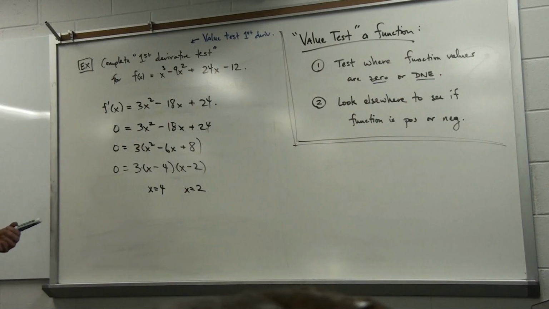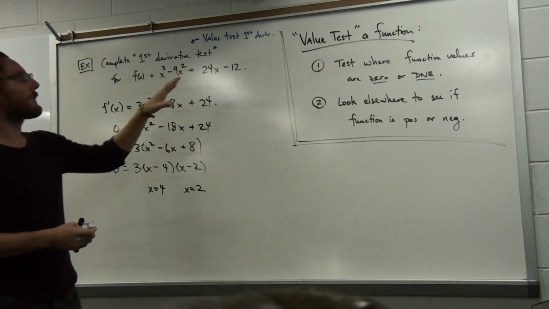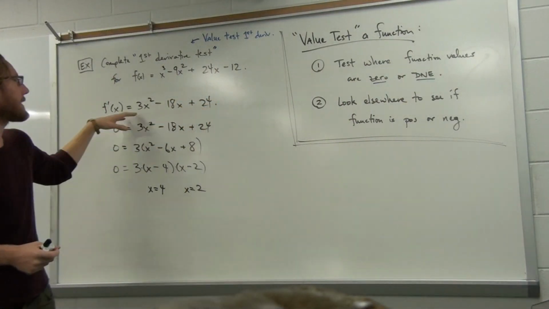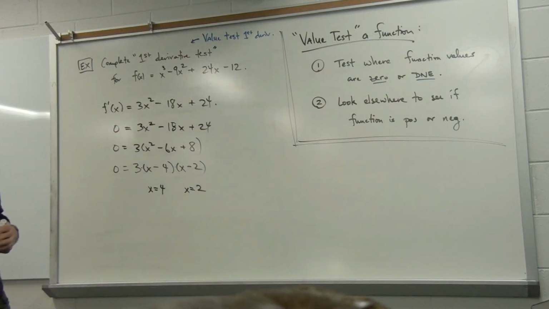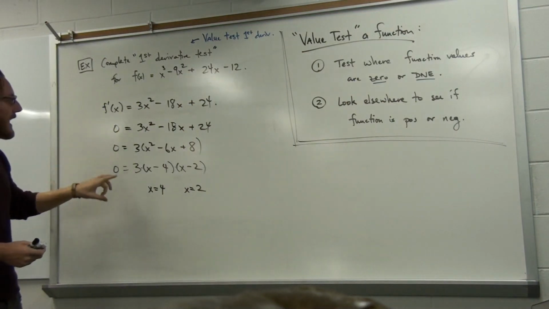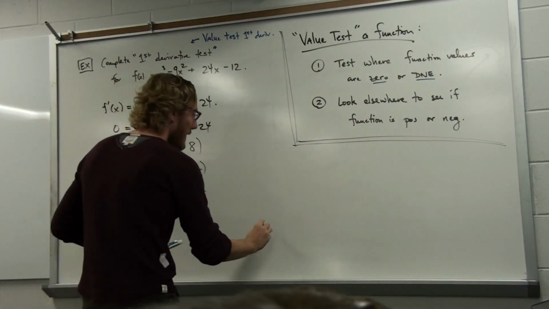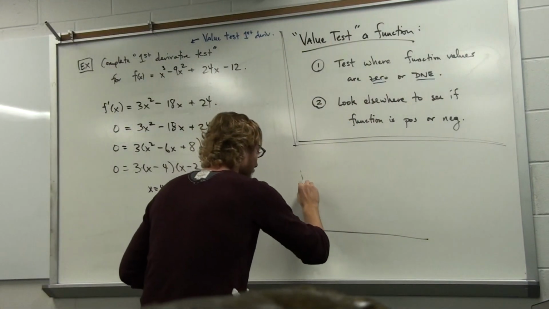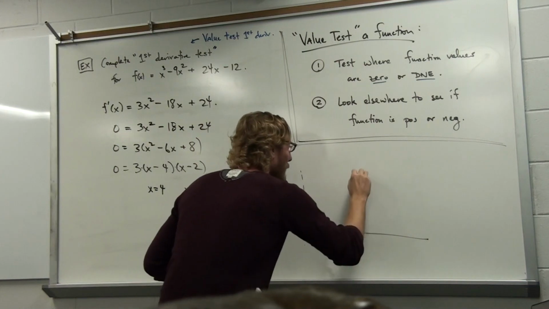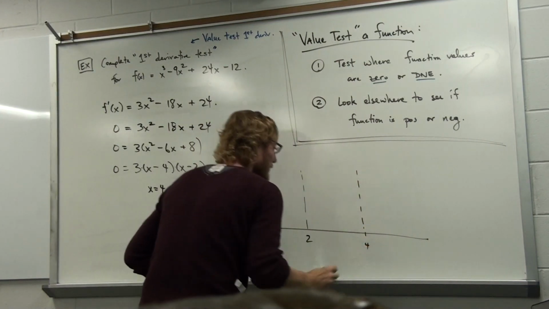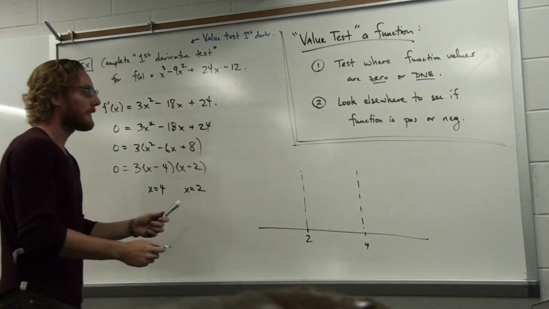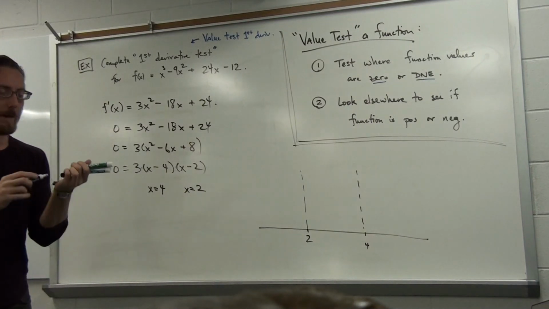So what have we deduced? Well, we know that the function never has a denominator, so we don't have to worry about when the function doesn't exist, but we know the function has a value of 0 at x equals 4 and x equals 2. That is good information to have because now we know that the function crosses the x-axis at 2 and 4.